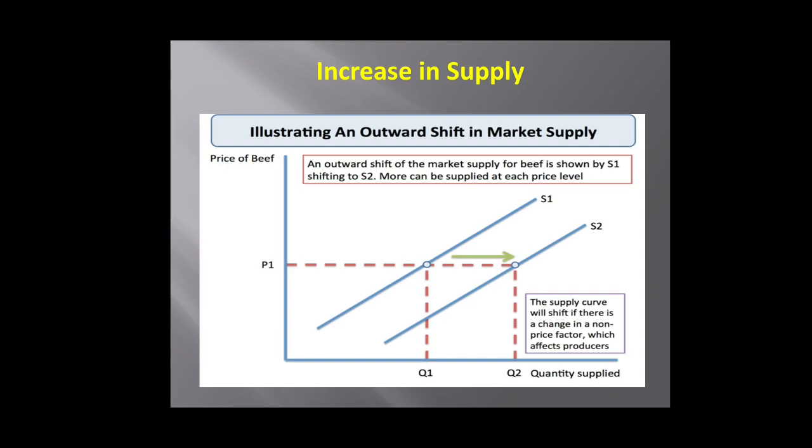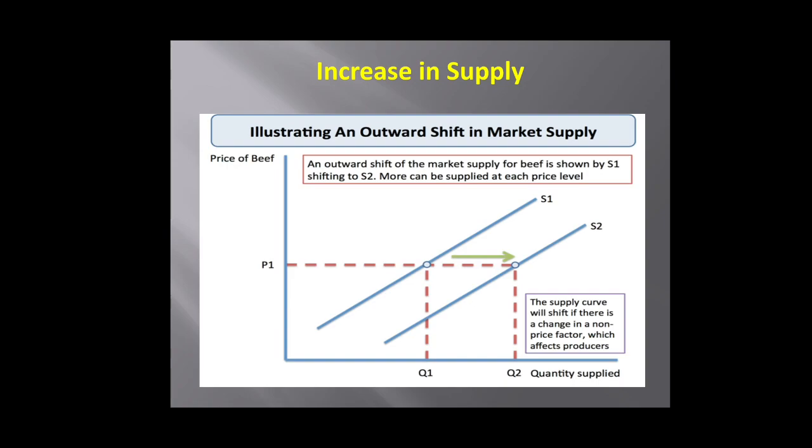The figure given in this slide illustrates the case of increase in supply, that is when supply increases due to change in other factors of supply. The figure shows that initially Q1 units of beef are supplied at price P1, but due to some changes in non-price factors, generally related to reduction in the cost of production, the supplier is now willing to supply Q2 units of beef even at the same price.